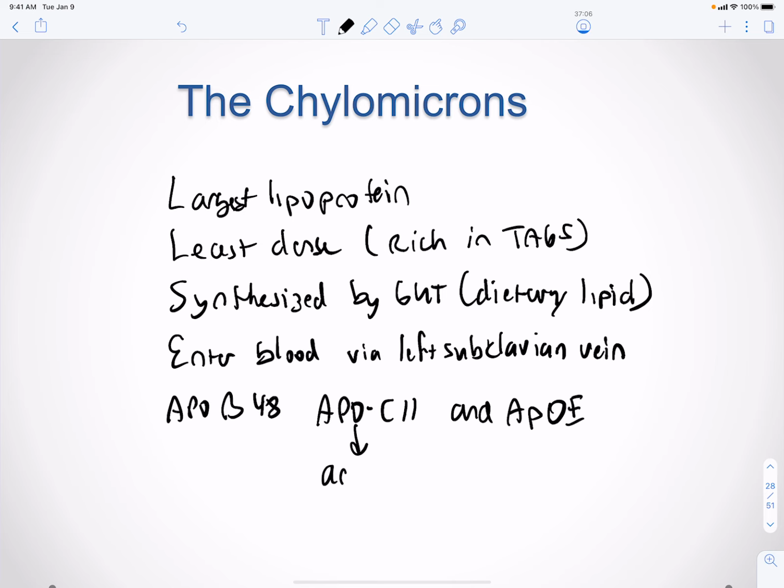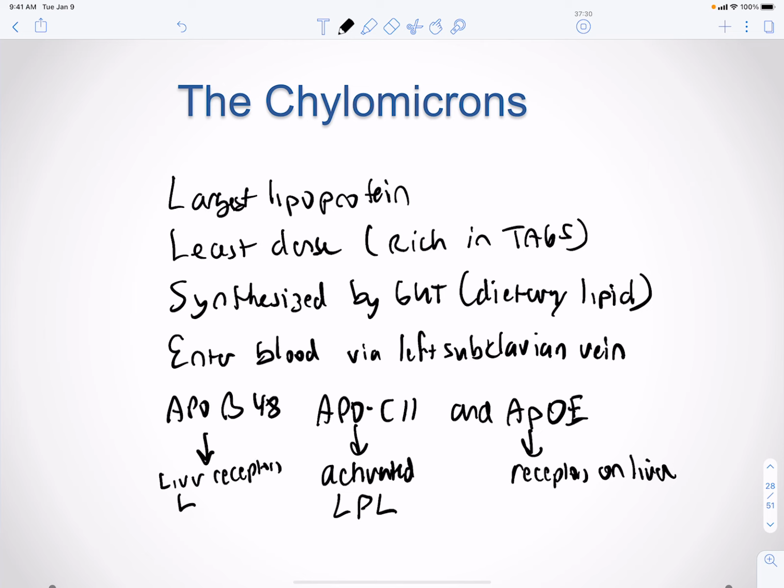ApoC2, of course, activates lipoprotein lipase, and ApoE and ApoB48 are going to bind receptors on the liver. And so those will help to get chylomicrons out of the circulation.